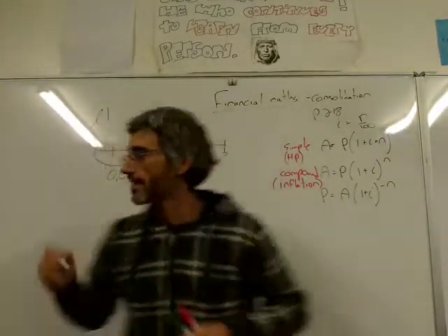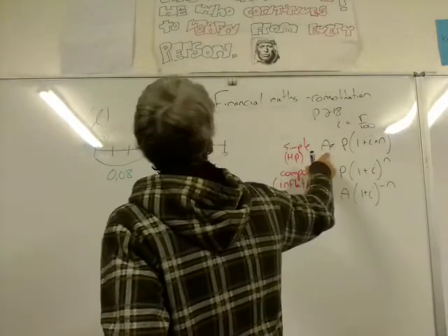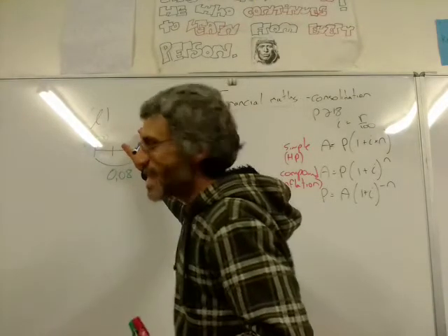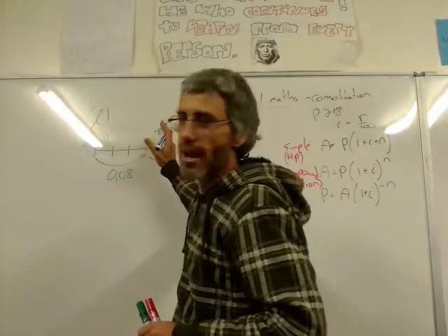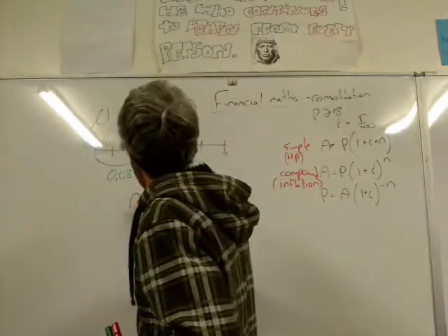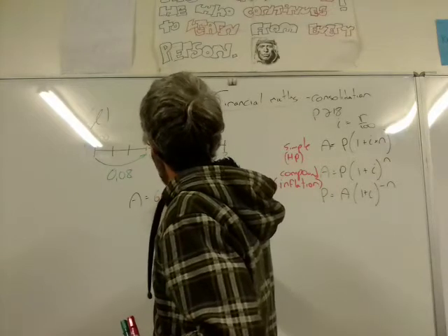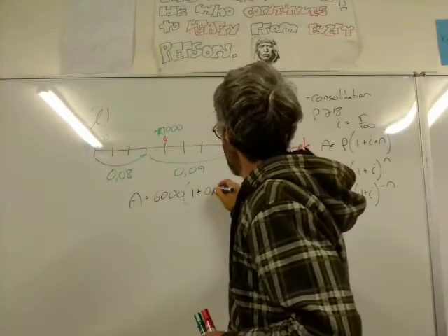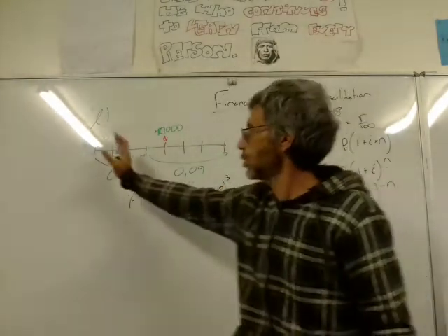So I'll stand here. I'm going to use this formula, obviously. I'm going to expand it over 3 years at 8%, and straight away, without finding that amount of money, I'm going to expand it over 1 year. What does that mean? It's going to be 6,000(1 + 0.08) to the power 3.